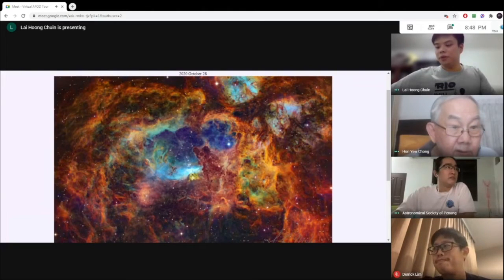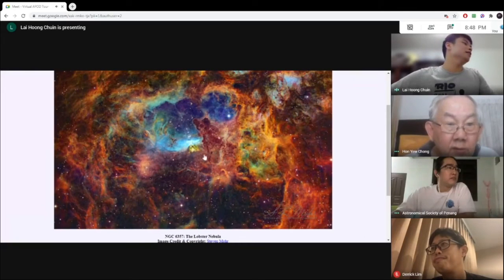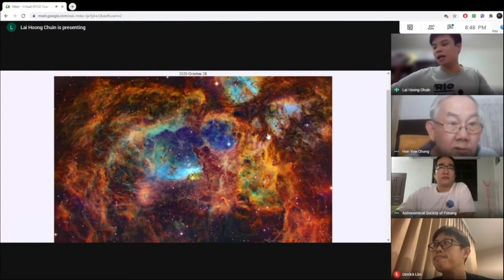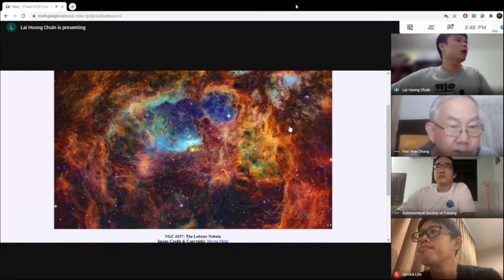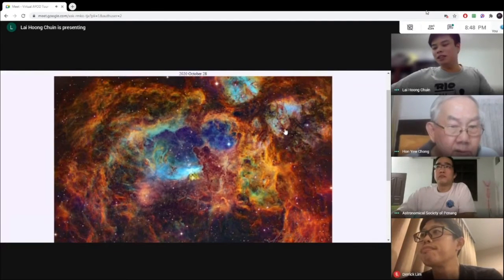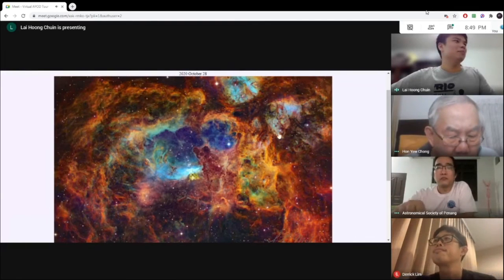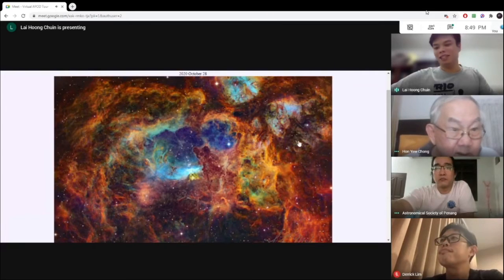And the largest star formed in this Lobster Nebula is called Pismis 24. Pismis 24 number 1. And the interesting thing is, initially they thought that Pismis 24 number 1 would be the largest star discovered because it has about 300 times the solar mass.